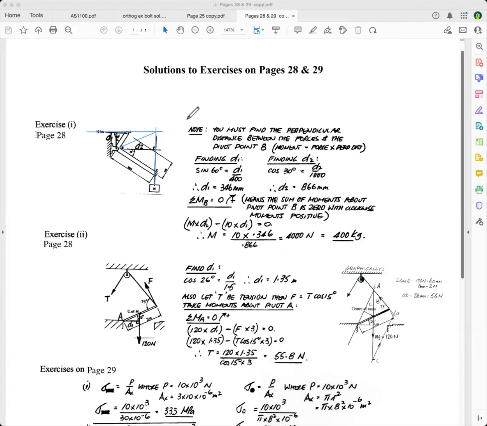So now I'm going to use Bow's notation. So I've got A, we always use capital. A goes between there and there. B goes there. And C goes there. Next thing you do is you start with your force diagram.